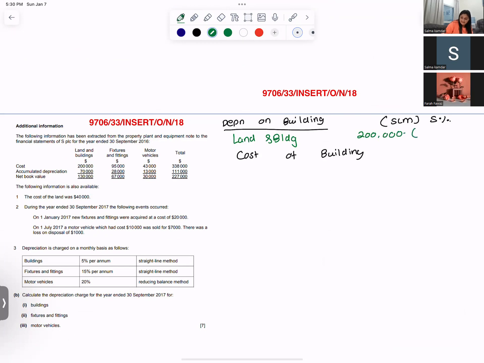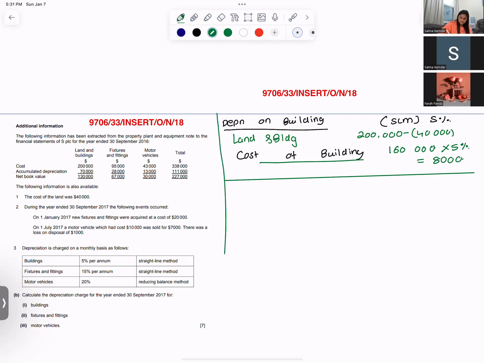From that, your land is 40,000. So the cost of building is how much? 160,000. And how much percent on it? 5%. So it will become how much? 8,000. Depreciation of building is done.